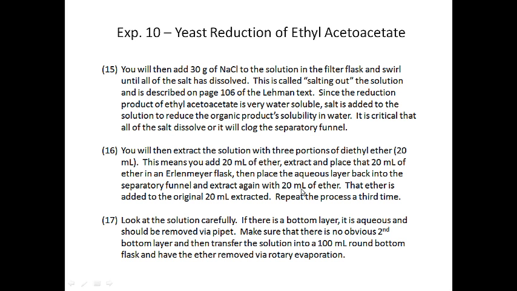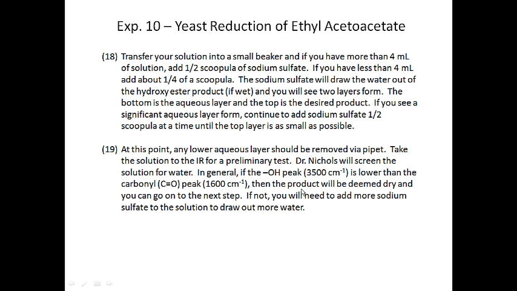And once you've done that and there's no obvious second bottom layer, then you're going to transfer the solution to a 100 milliliter round bottom flask, and you're going to remove the ether by rotary evaporation. Now hopefully that will just leave your ethyl acetoacetate reduction product in the round bottom.